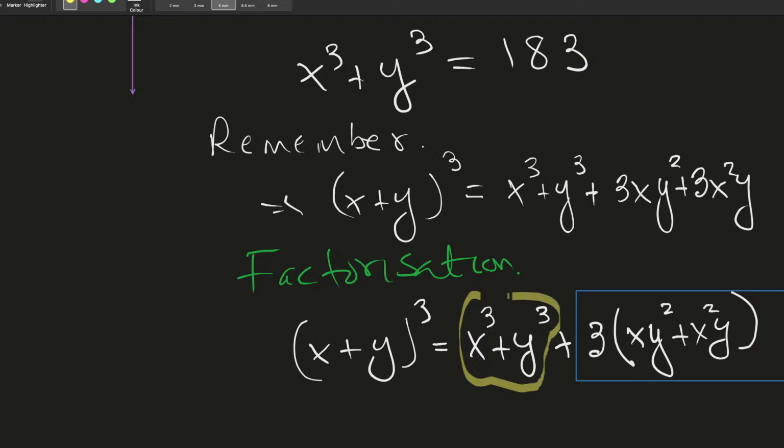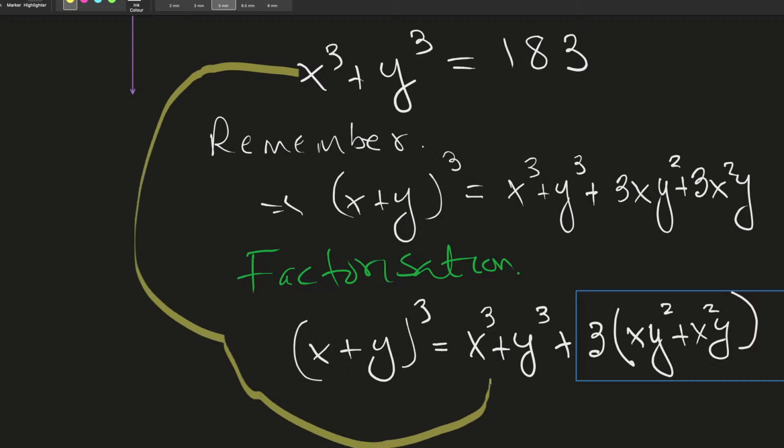Look at it graphically. It gives us an idea. So straight on, we know that this x cubed plus y cubed, as we saw earlier, is equal to what? It is equal to 183.